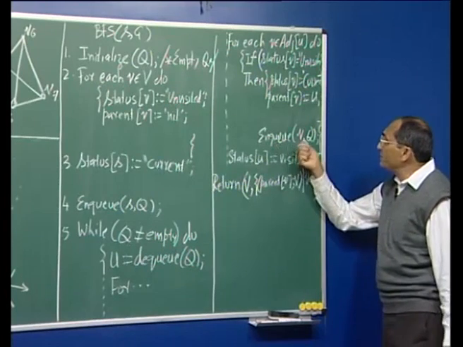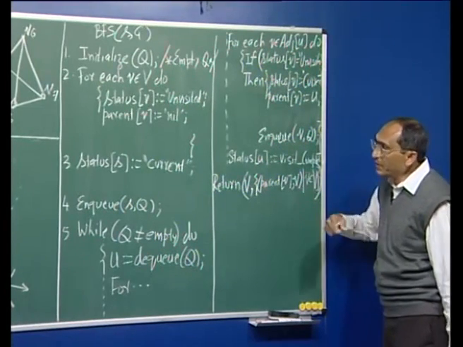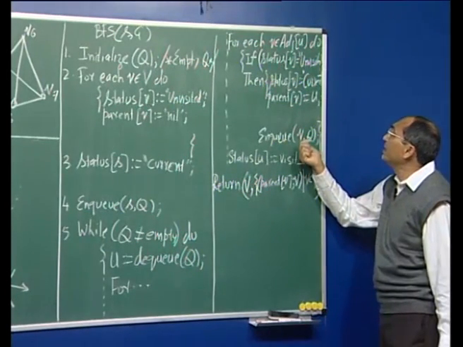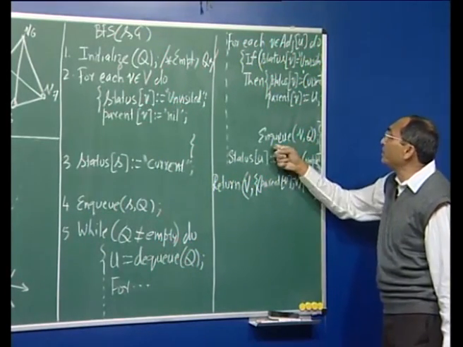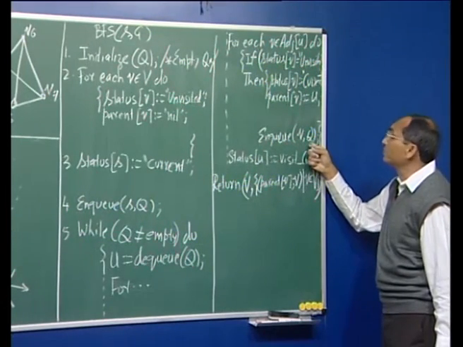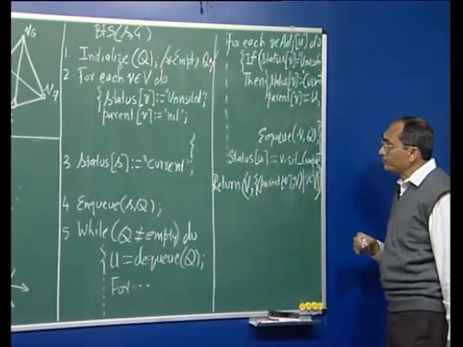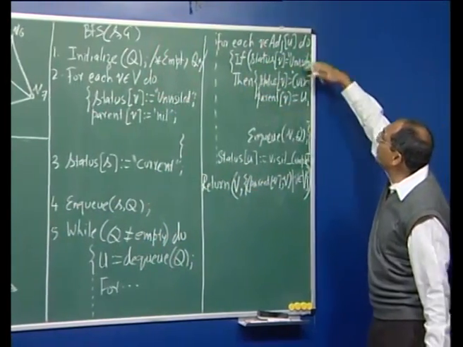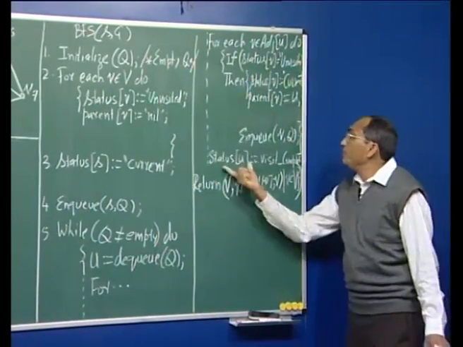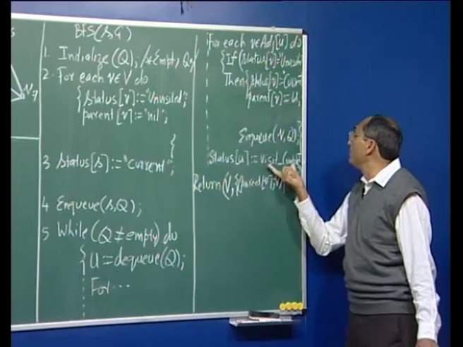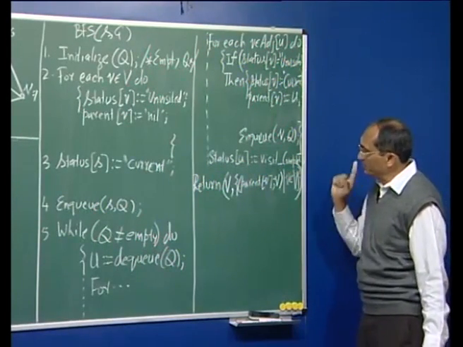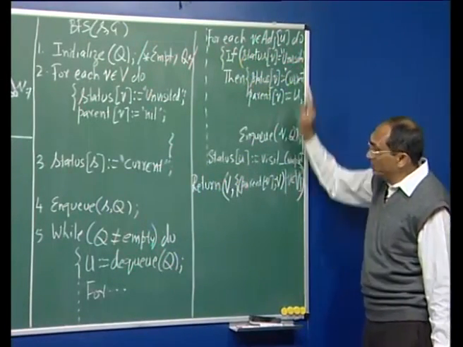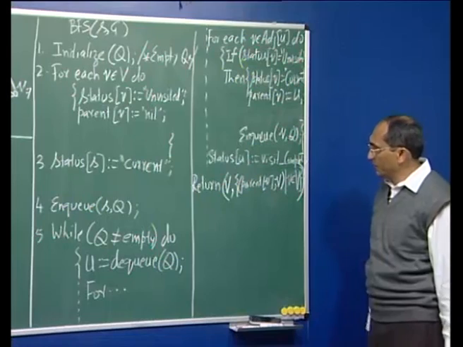And now this v, which will give me the next set of vertices in the exploration, has to go into Q. So enqueue is entering the vertex into Q at the back. Once we have visited all the neighbors of u, we will set its status to visit complete. Now this is of no interest to us. We will complete this. Okay.